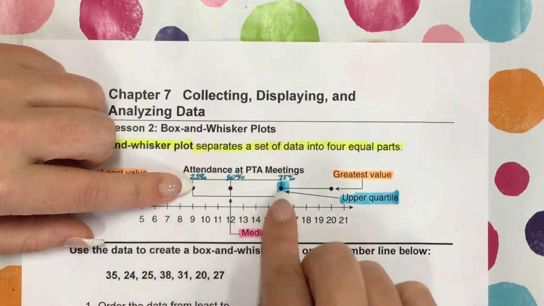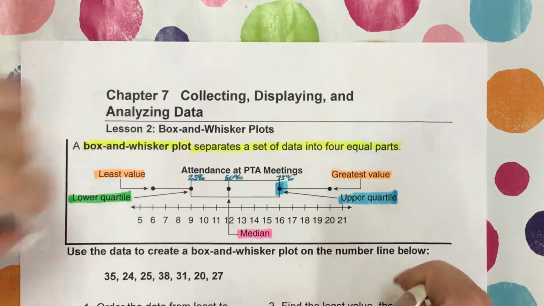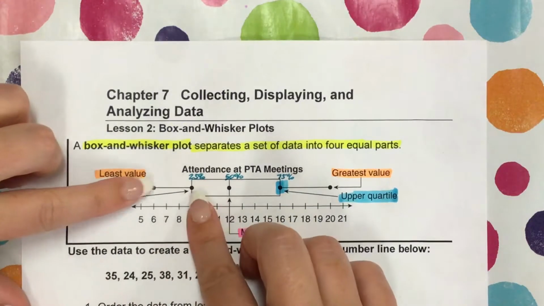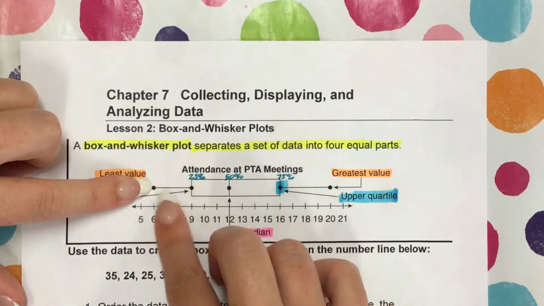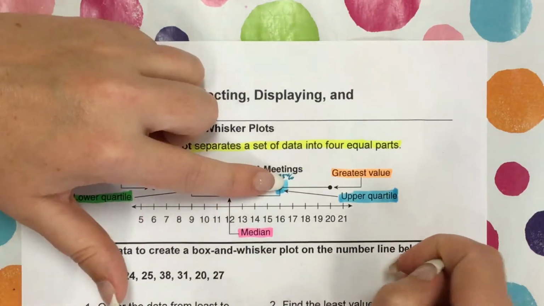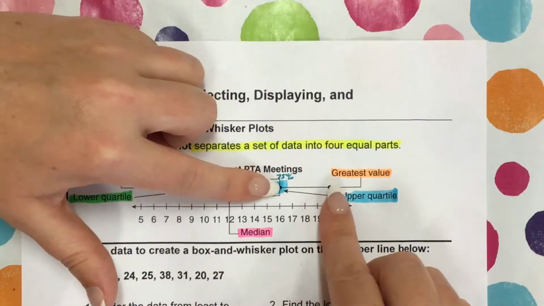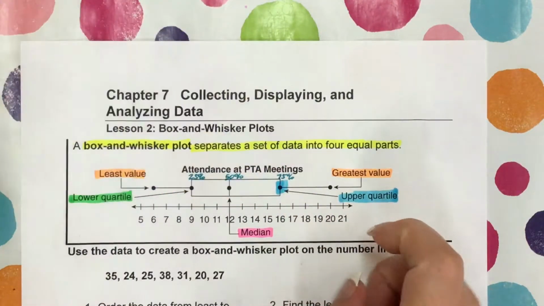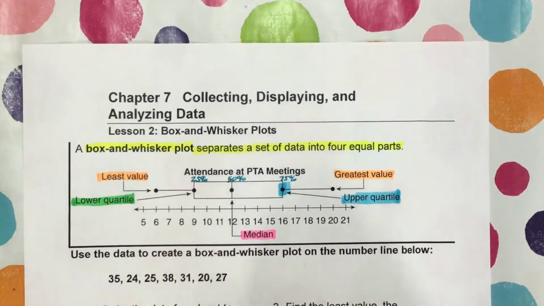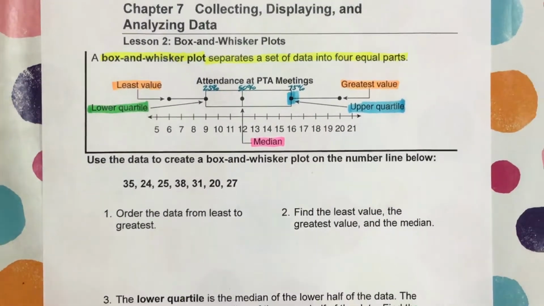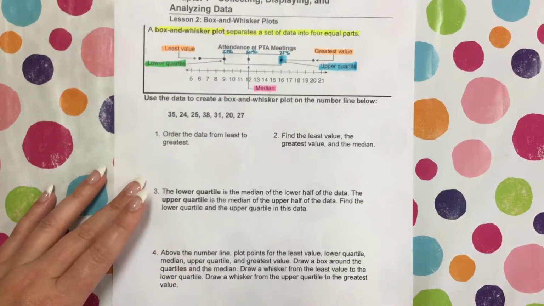Between the least value and the lower quartile is the bottom 25% of the data, and between the upper quartile and the greatest value is the upper 25%. From a box and whisker plot, you can tell how spread out the data is. So we're going to use the data right here to create our own box and whisker plot.